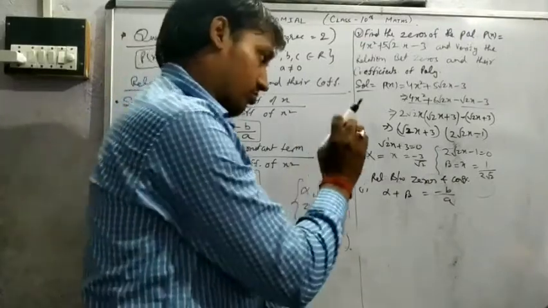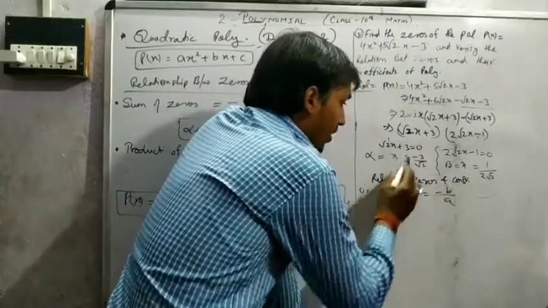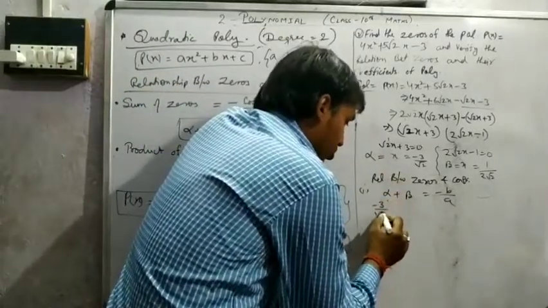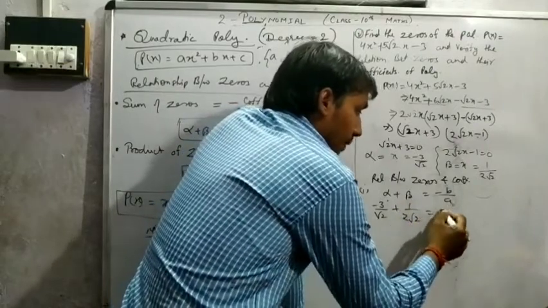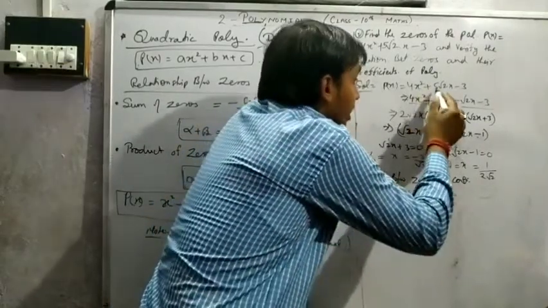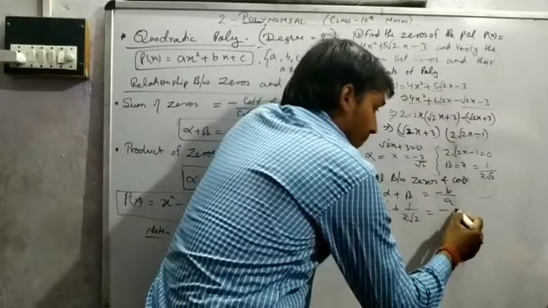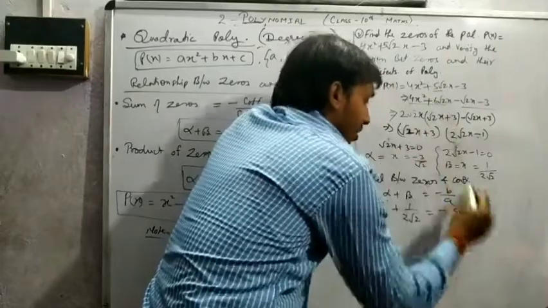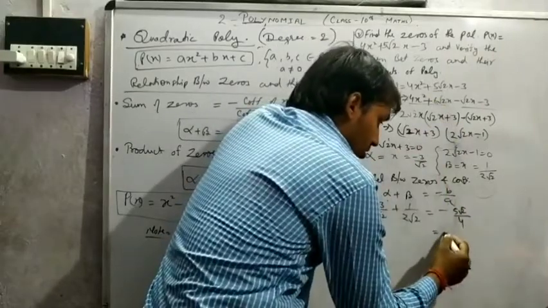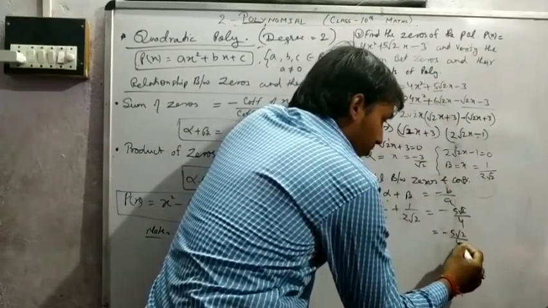Something is wrong, so confirm. Alpha is minus 3 upon root 2, beta is 1 upon 2 root 2, minus b, the value of b is 5 root 2, same as a, the value is 4: minus 5 root 2 upon 4.